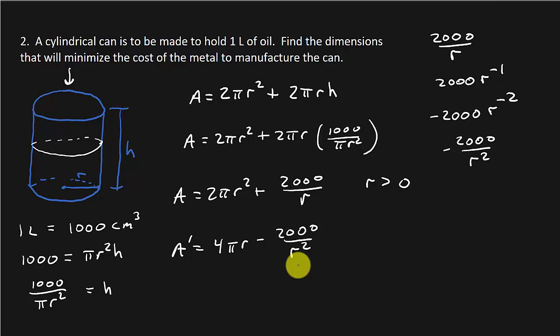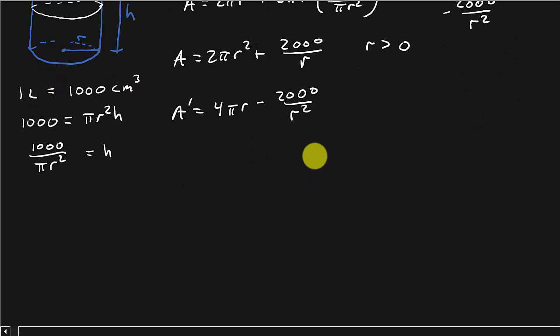All right. And so now what do we do? Well, now we set the derivative equal to 0. So, I'm going to do that here. I got 4 pi r minus 2,000 over r squared equals 0.